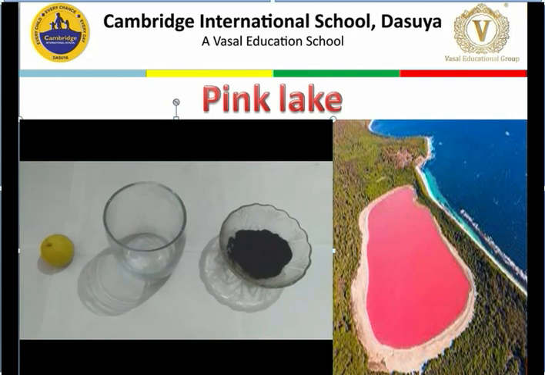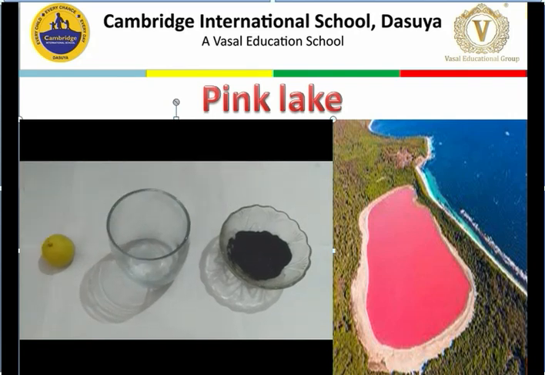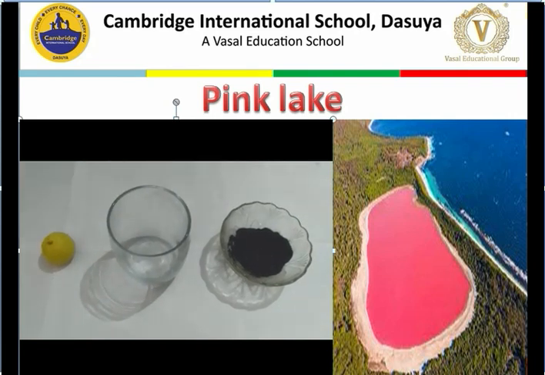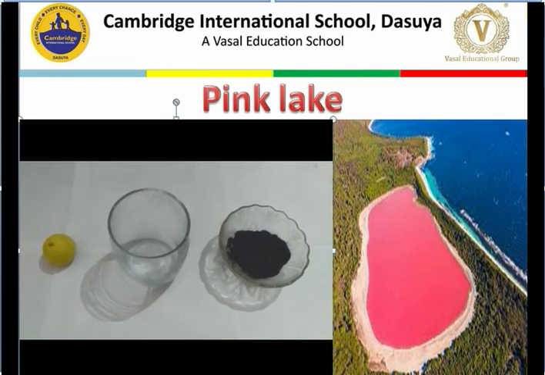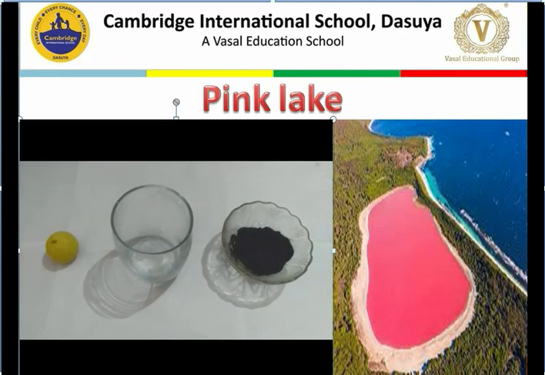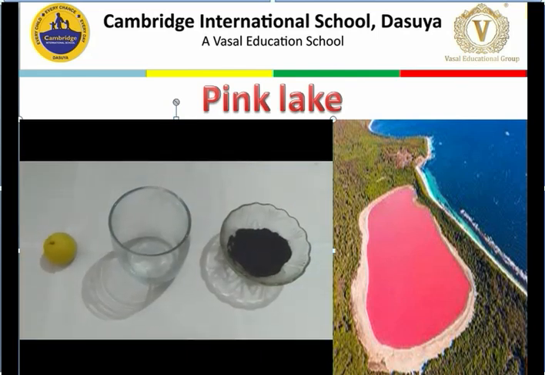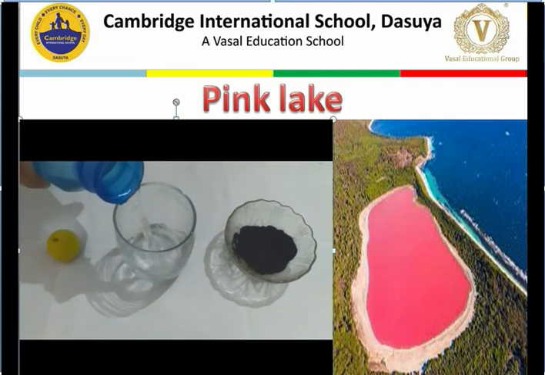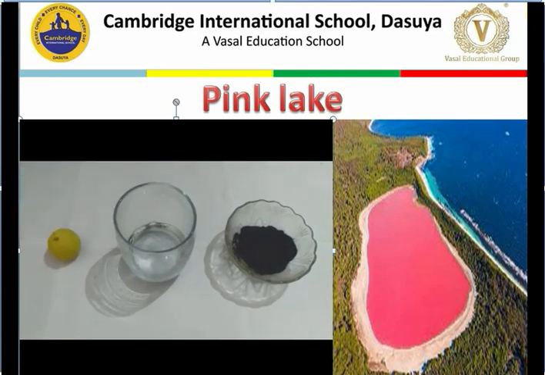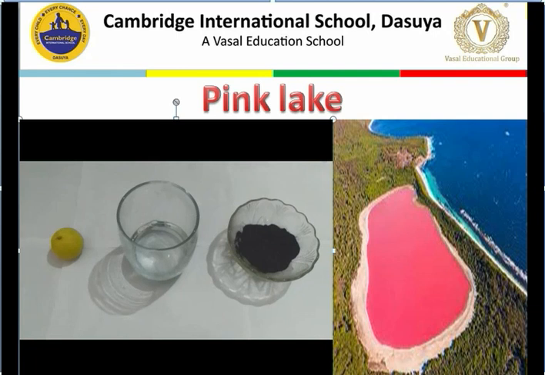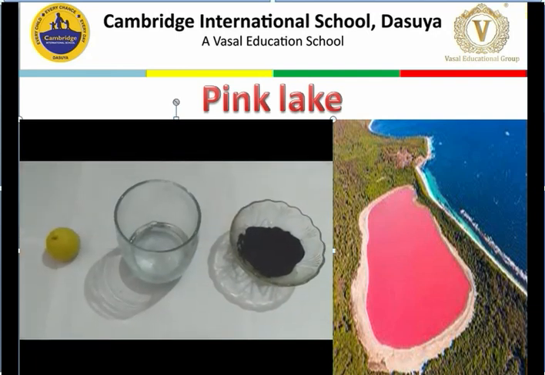Then I have taken one tumbler and a lemon. We are going to make this pink lake. The concept of the pink lake is given to this activity because KMnO4 gives different colors with different solutions. It gives a light pink color with a neutral solution and a basic solution. In the tumbler I have added water.